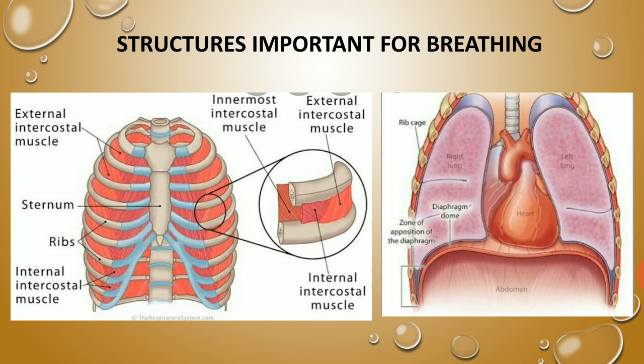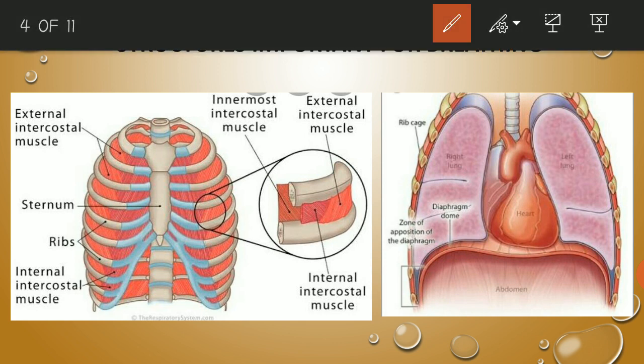Now in this breathing there are several important structures in our body. The first one is the chest cavity or the ribs, because in between the ribs there is a special type of muscle known as intercostal muscles.